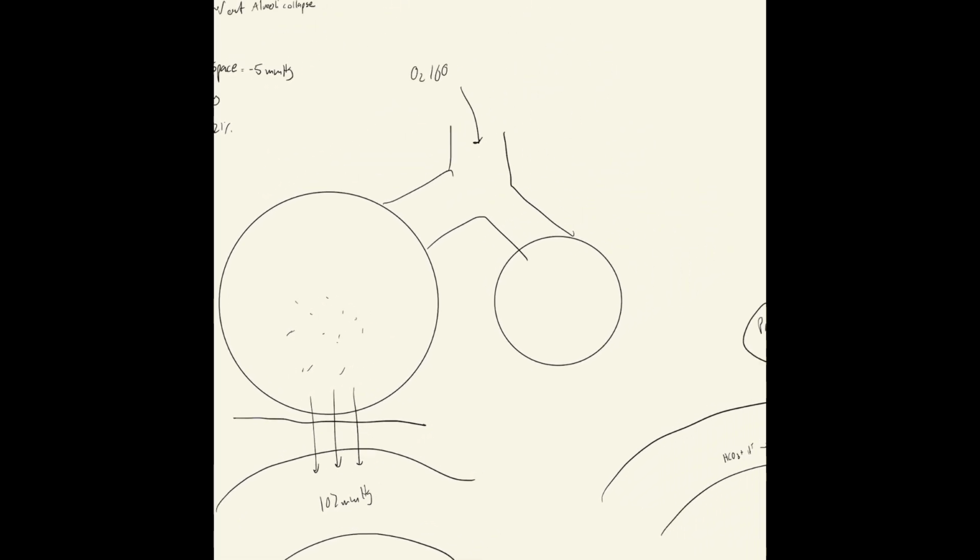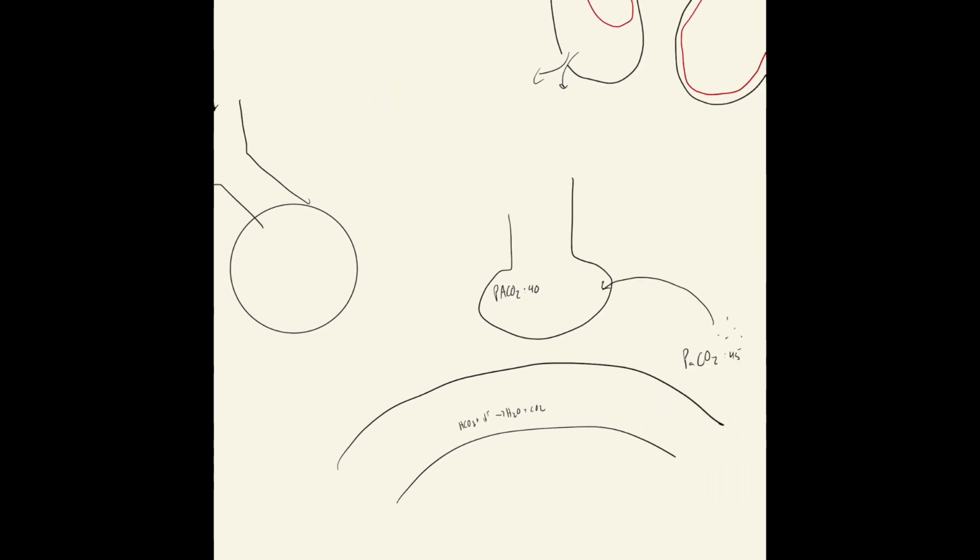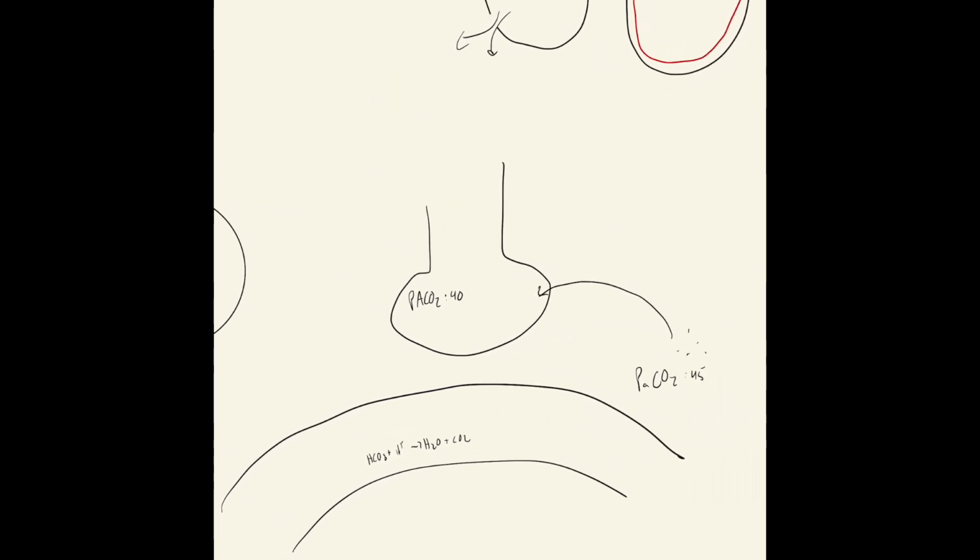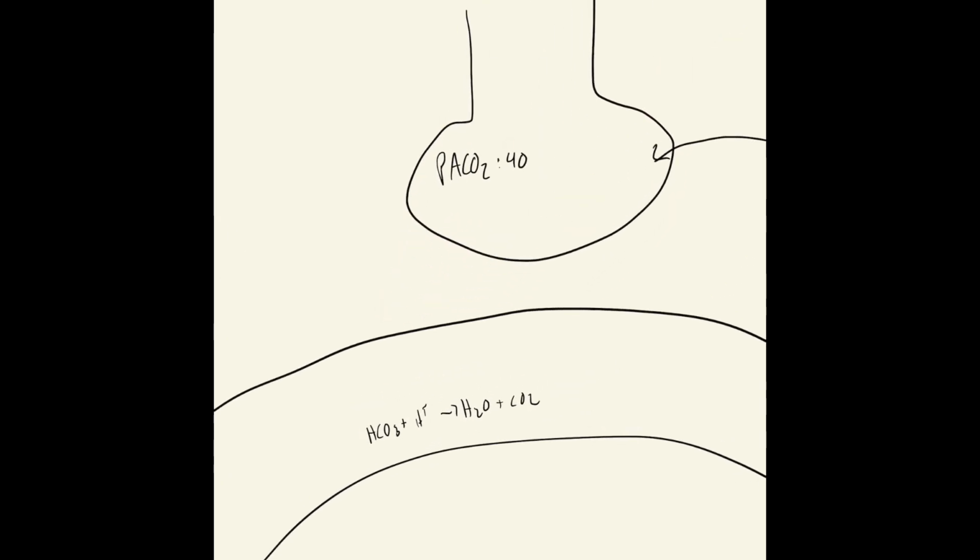When we talk about CO2, it's a little bit different. So the PACO2 here in the alveoli, and this is just a simplified alveoli, is about 40. In the blood, we have bicarbonate that binds with hydrogen protons. It creates water and CO2.